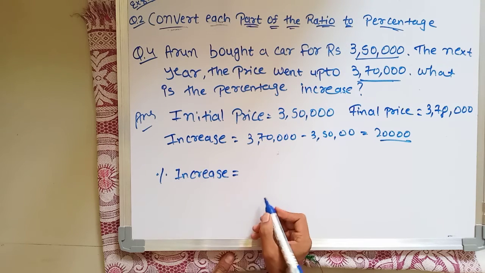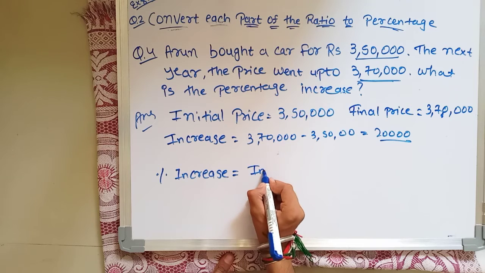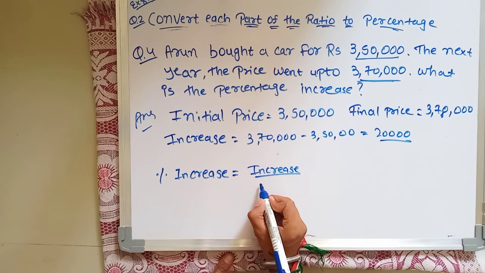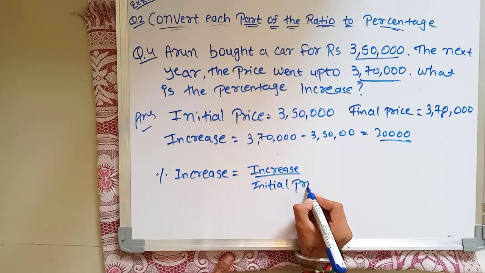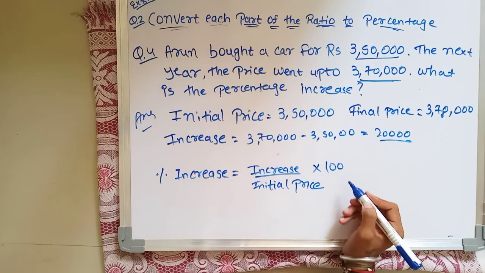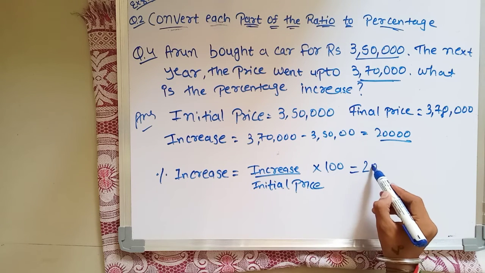So what is the formula? In decrease we write decrease, but in increase we write increase divided by what? Initial price of the car. Okay, initial price multiplied by 100. What is the increase? 20,000 rupees.